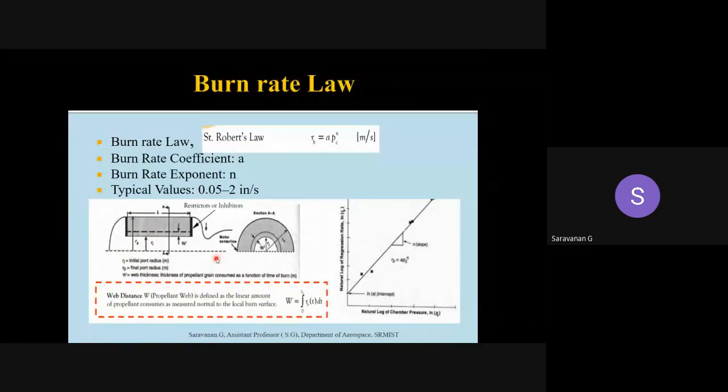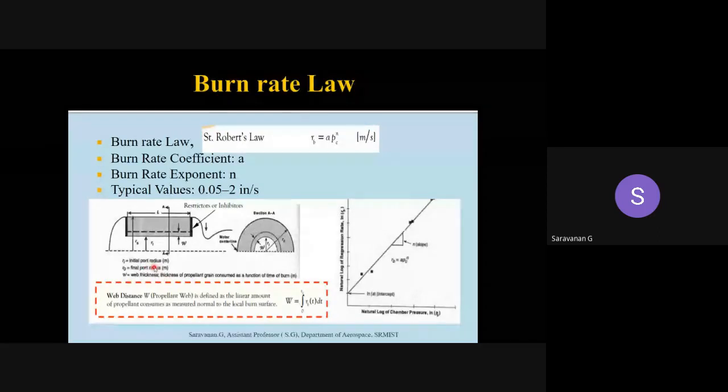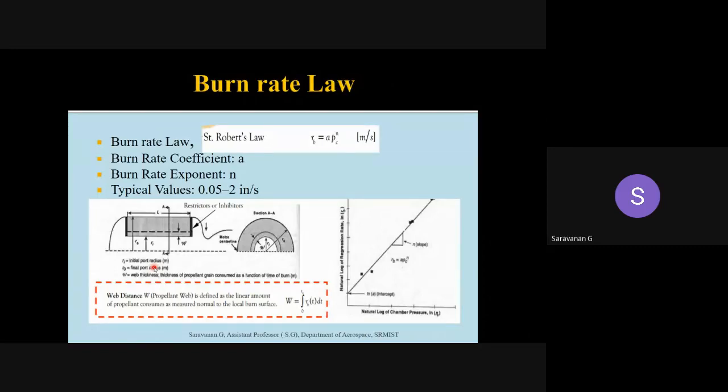If you want to calculate the burn rate or regression rate, you have the initial port diameter, available in terms of radius. After burning, we can take the burned product out and measure the dimension at three, five or six different cross sections and take the average. That gives the final port dimension.